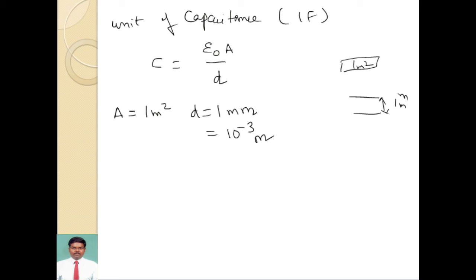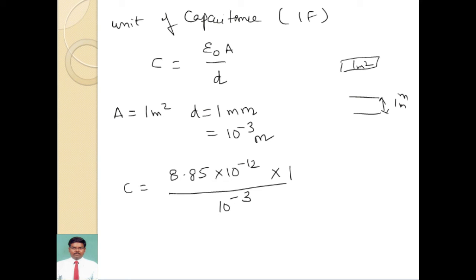Then we try to compute the value of the capacitance. C is equal to epsilon naught, we already know, 8.85 into 10 power minus 12 into area, that will be 1 meter square. So I am substituting 1 here, that is divided by 10 power minus 3.